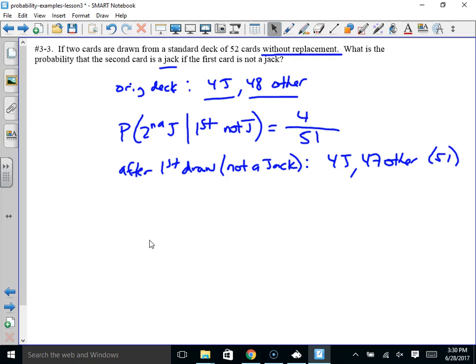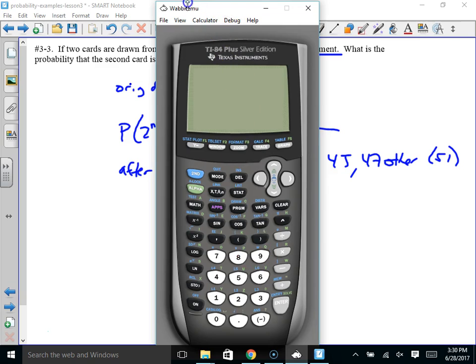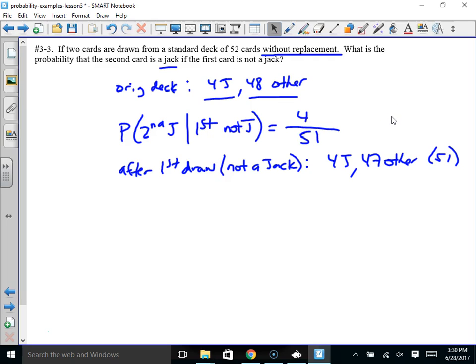Let's do that in a calculator real quick and make sure what that is in decimal. 4 out of 51 turns out to be 0.0784. Yeah, so if you got 0.0784 or 4 out of 51, that was correct.